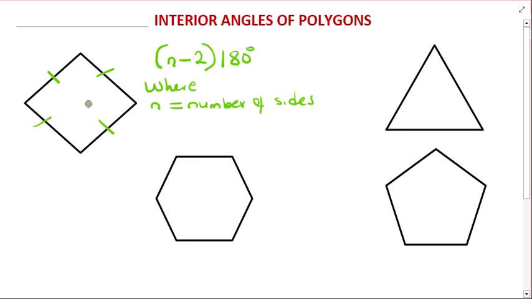That is a quadrilateral, right? This one has 3 sides, 1, 2, 3. This is a triangle. This one has 1, 2, 3, 4, 5. This is a pentagon. This one has 1, 2, 3, 4, 5, 6. This is a hexagon.